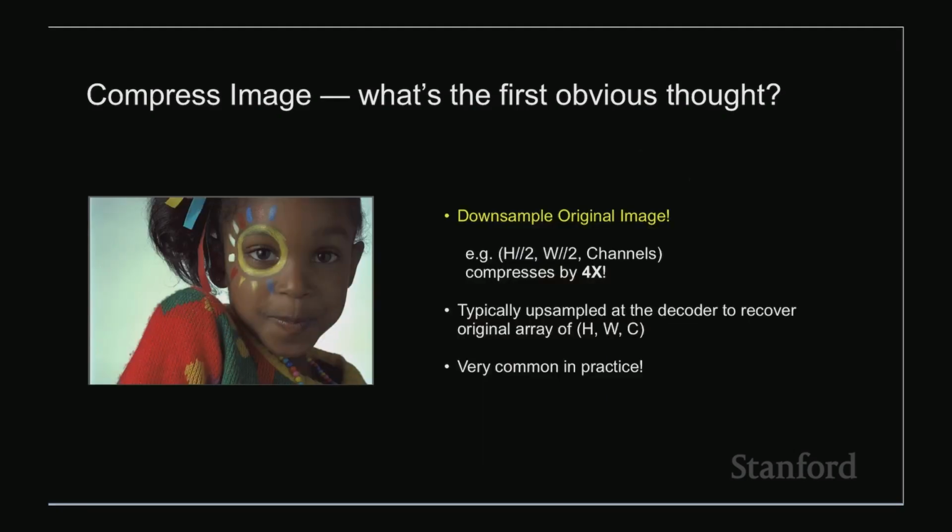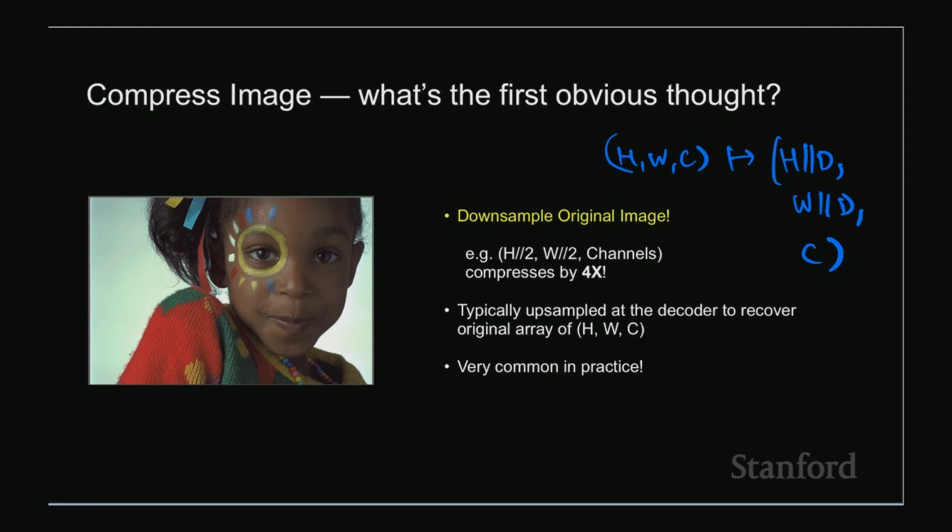Okay. Really the first, obvious, simplest thing you can do is throw away half of the data in terms of height and width. You can just downsample the original image, which basically goes from HWC to something like H by D, W by D, and C. For example here, I just reduced this image in terms of height and width by half, and immediately I have got 4x compression.